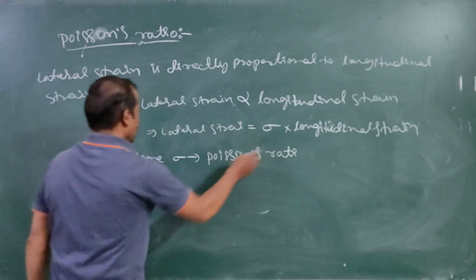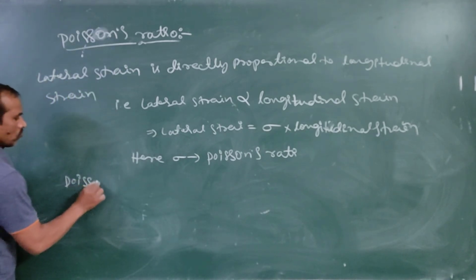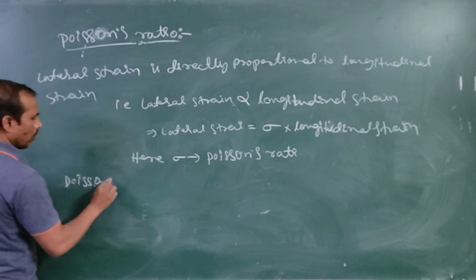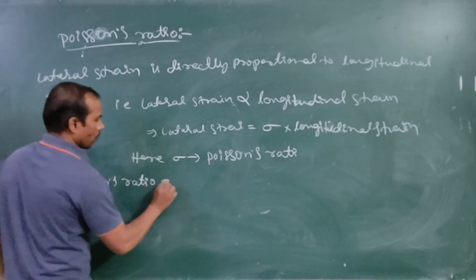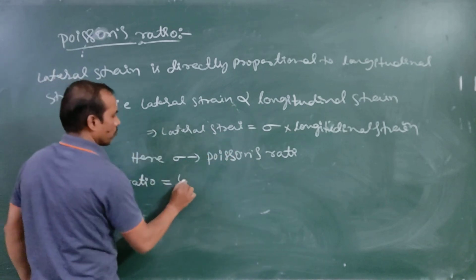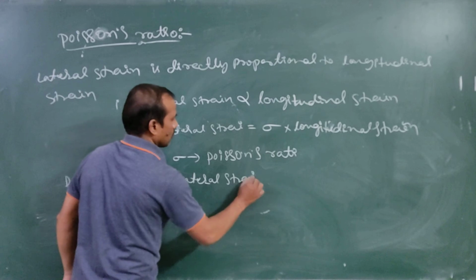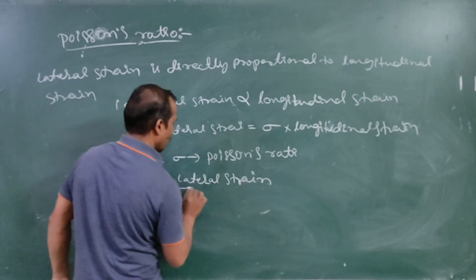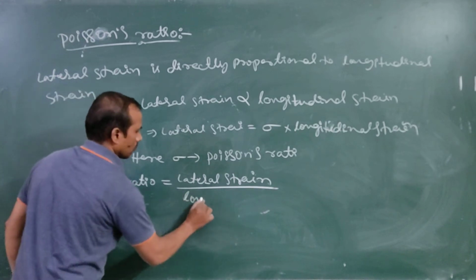Poisson's ratio is equal to lateral strain by longitudinal strain.